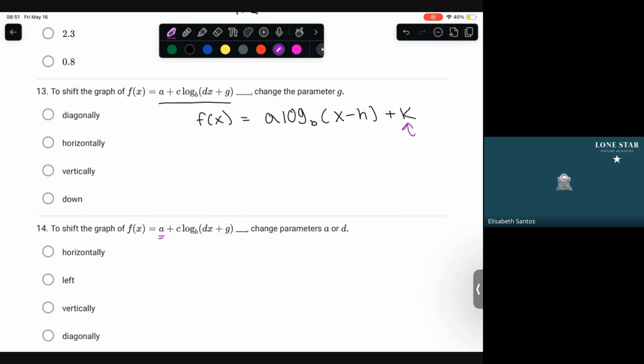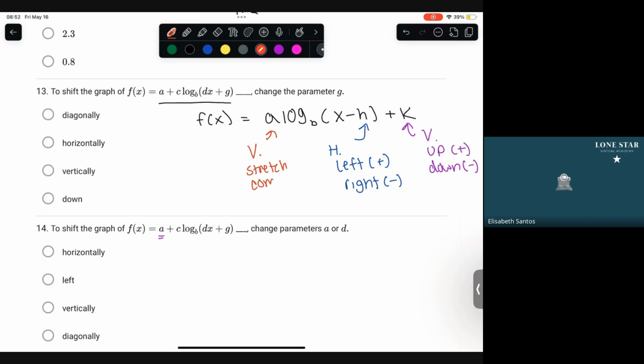Basically k is a vertical transformation, and you either go up if you see plus, or down if you see minus. H is a horizontal transformation, and you either go left where you see a plus, or right where you see a minus. And then a is also a vertical transformation. It's either going to be a stretch or a compression.